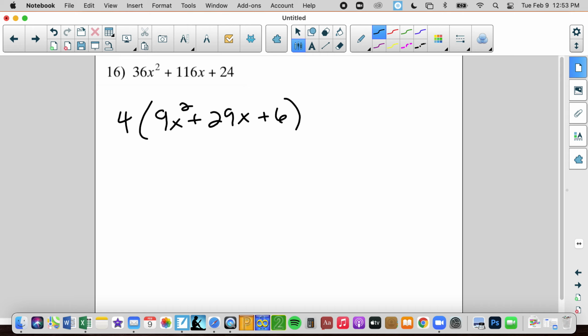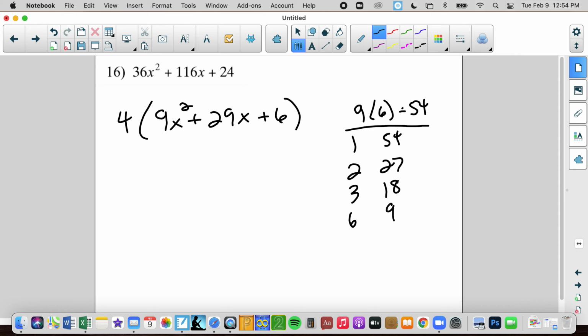So I'm going to do a times c. 9 times 6 gives me 54. 1 and 54, 2 and 27, 3 and 18, 4, no, 5, no, 6 and 9. Signs are the same, both positive.